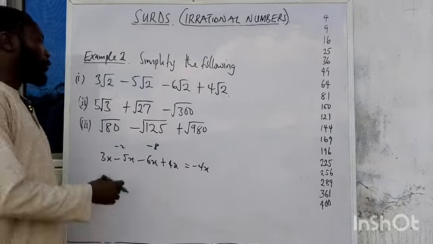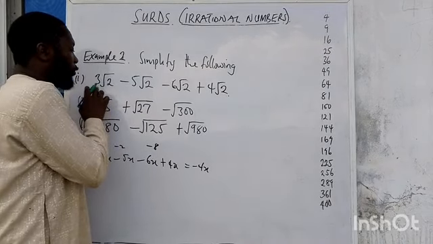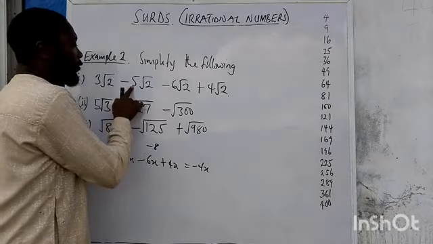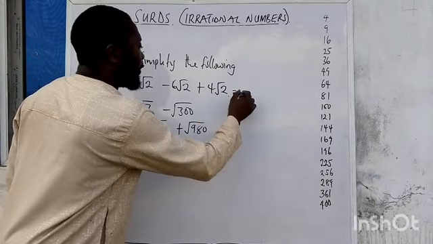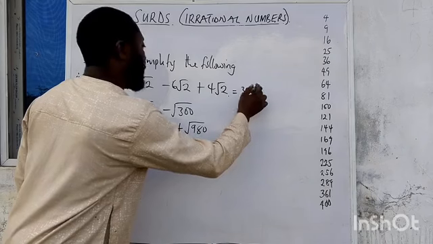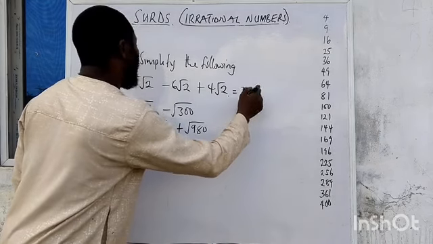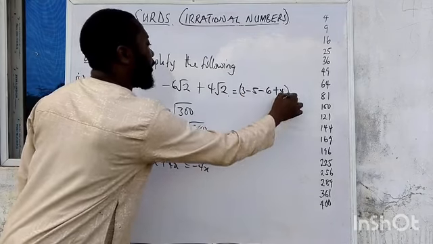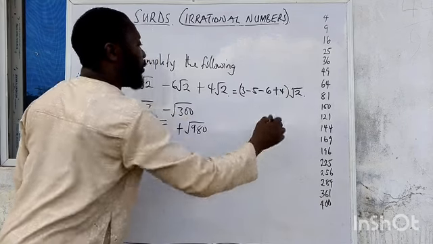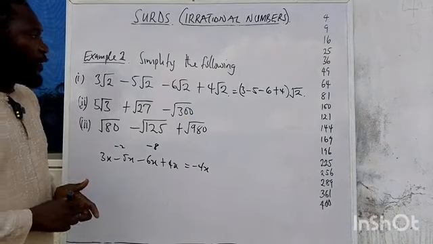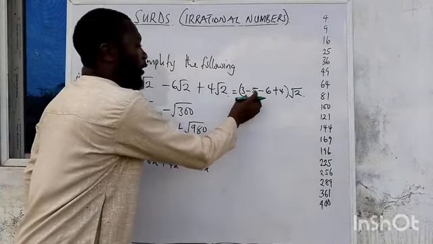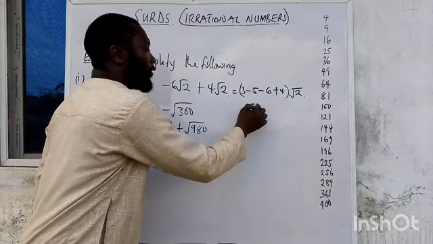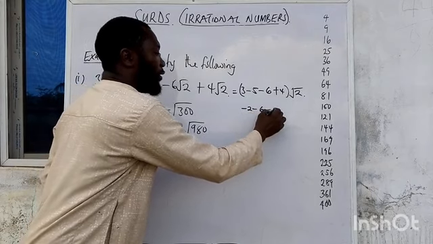Now what you are going to do here, you are going to join the coefficients together in this one: 3 minus 5 minus 6 plus 4. So whatever you get will now be the coefficient of root 2. Now 3 minus 5, that is negative 2. Minus 2 minus 6, that is what?